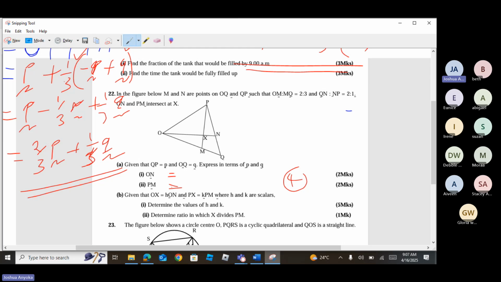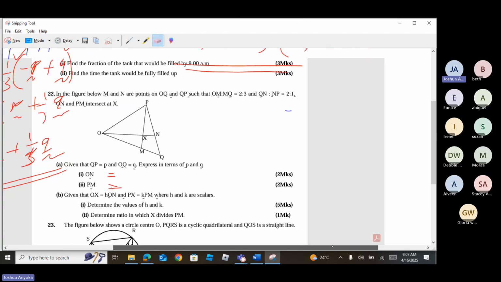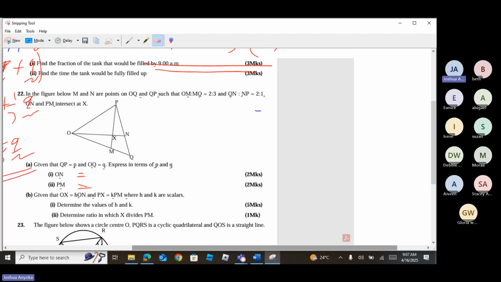Determine the value of H and K. We substitute what we know in the 2 vectors that we are given in terms of H and K. So what do we know in the 2 vectors? So we substitute in them.